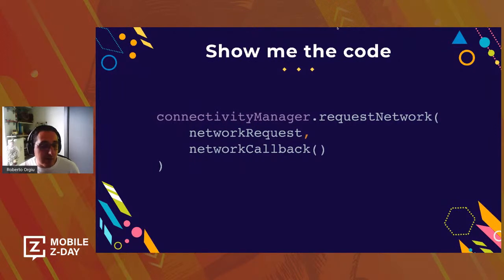It will take the network request as a first parameter and the network callback as the last parameter. As soon as the network is found, well, our callback will be invoked and we can remove our callback. If we need to keep on checking this network for any reason, well, we can postpone removing the callback until we don't need it anymore.